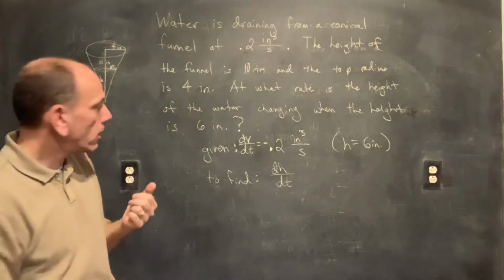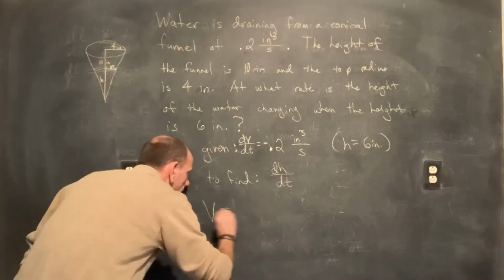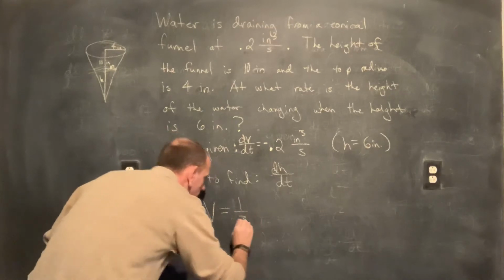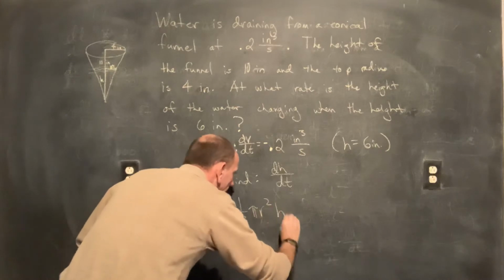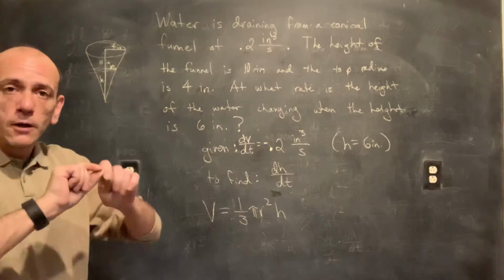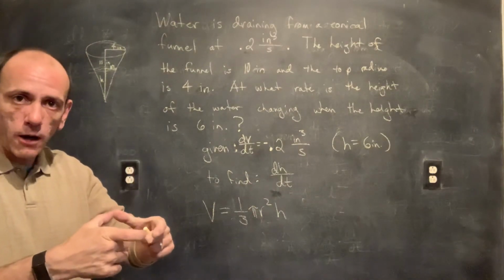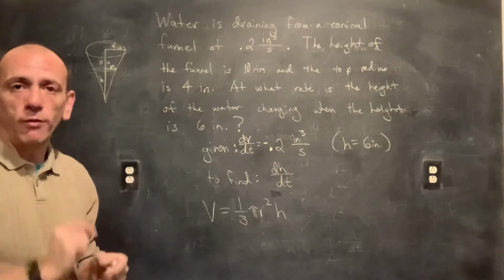So the volume of a cone will link the two quantities together. Volume of a cone is 1/3 the cylinder, 1/3 pi r squared h. Again, for a cylinder, we grab the whole area, pi r squared, and drag it up by h, and the cone is exactly 1/3 of that.